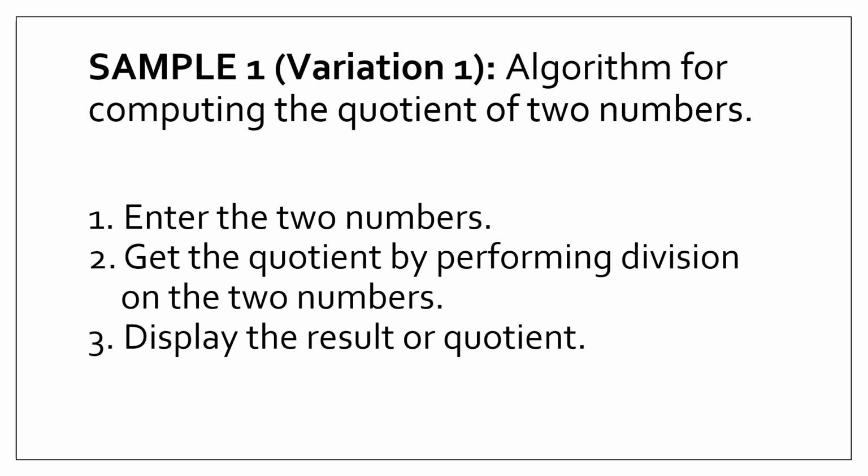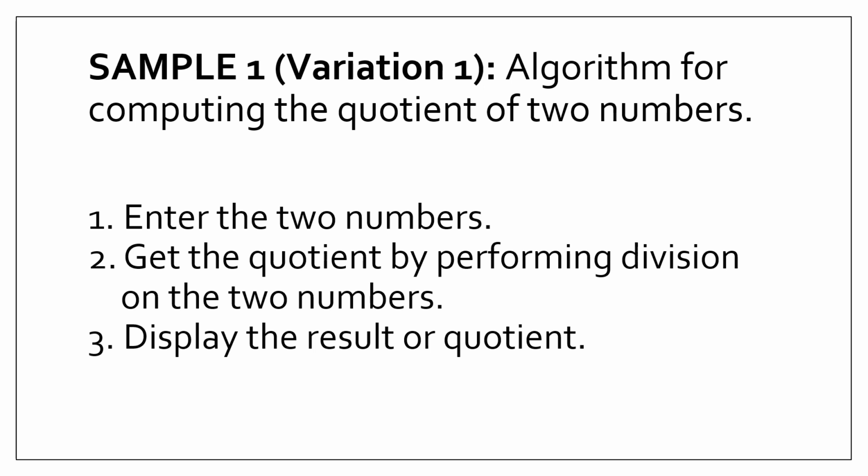It's a good thing that we always display whatever is asked based on the required task. So it's good that we always end with something like display the result or display the quotient, depending on the required task.